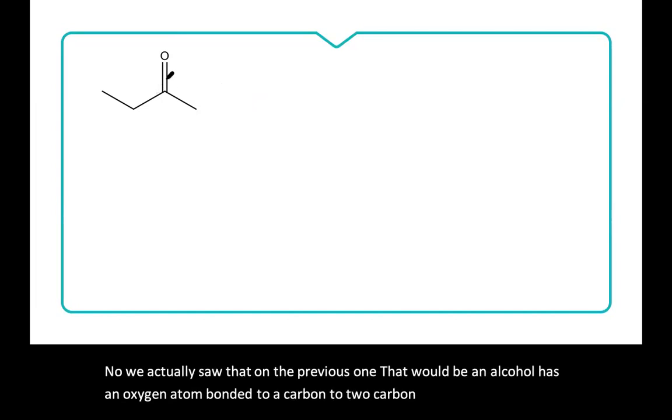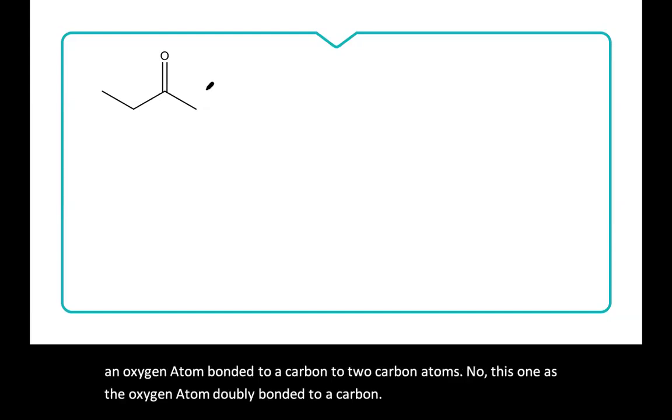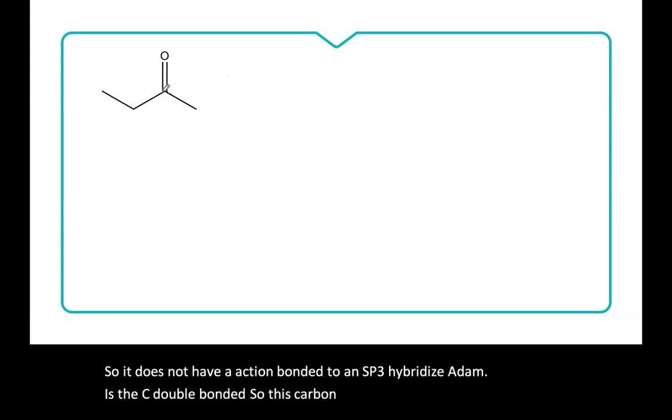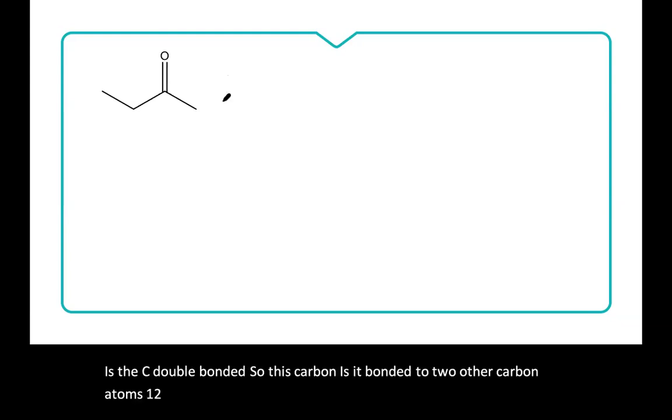No, this one has the oxygen atom doubly bonded to a carbon. Okay, so it does not have an oxygen bonded to an sp3 hybridized atom. So is the C double bonded O, so this carbon, is it bonded to two other carbon atoms? 1, 2, yes. If I look at my flow chart, that's called a ketone.